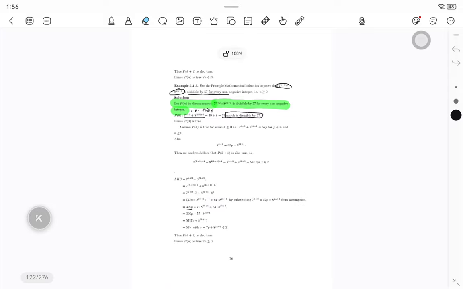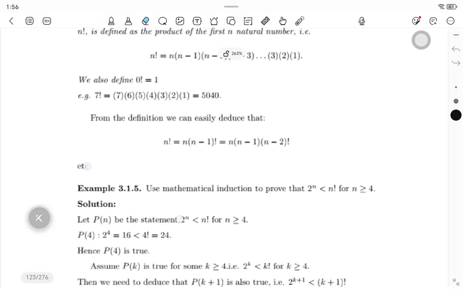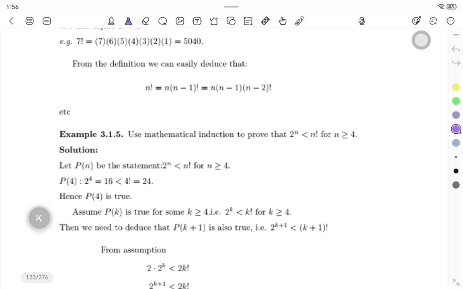Let's look at these ones of inequalities. They say use PMI to prove that 2 to the n is less than n factorial for n greater or equal to 4. Now we're dealing with inequalities, so it's going to be a bit different, right? It's actually going to be the same from everywhere up until the deducing part. Everything is the same. You do the same thing as with the one of divisibility, right?